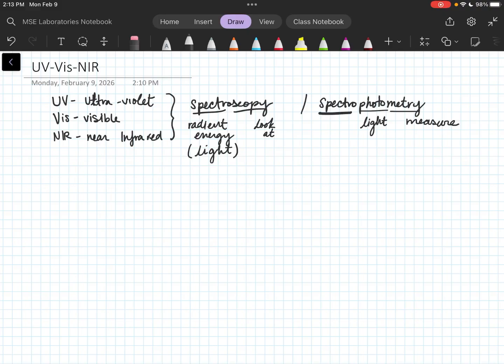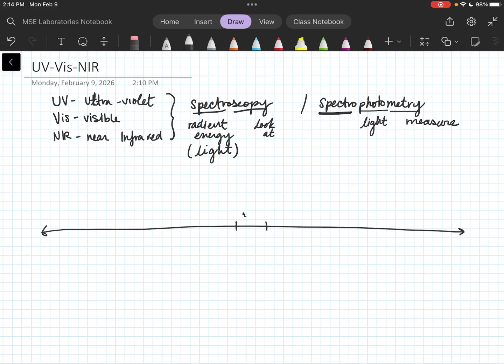Spectrophotometry is going to be us specifically measuring and calculating how the light works instead of just studying it. It's a really, really minor kind of linguistic difference. It really doesn't make that big a difference. But in UV-Vis, we are studying ultraviolet, visible, and near infrared light in those applications.